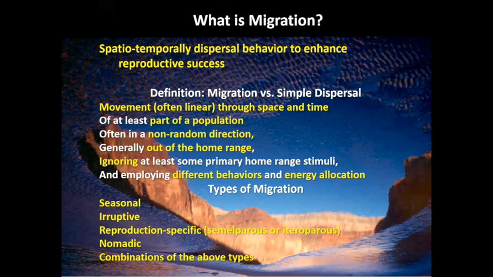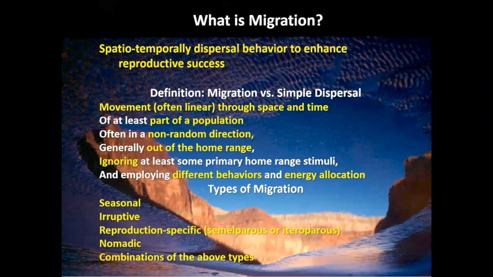Then there are reproduction-specific movements. I put the words in there: semelparous, meaning a single reproductive event, or iteroparous. Think of a salmon as a semelparous reproduction-specific migration, coming up into a river system, spawning and dying, versus, say, fish in fresh waters that are often doing the same spawning run year after year.